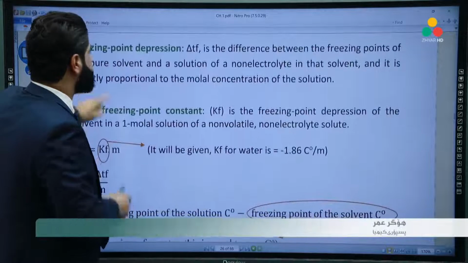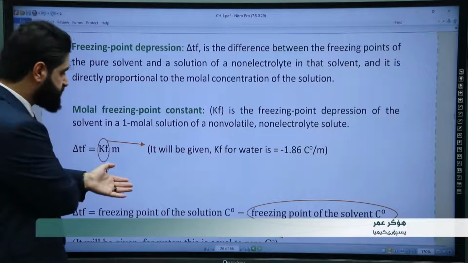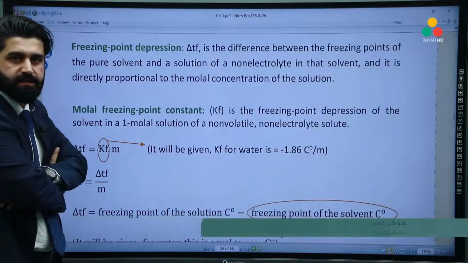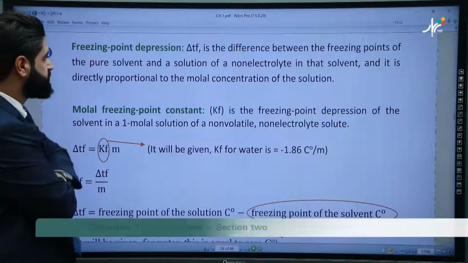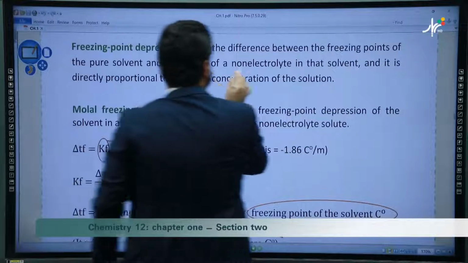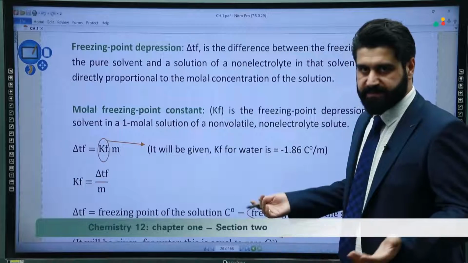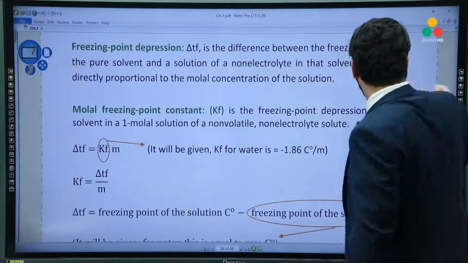And now for freezing point depression, they just convert the equation used for solving questions into a written definition. Freezing point depression, delta TF, is the difference between the freezing point of the pure solvent and the solution that contains a non-volatile solute. So you have to memorize this one.